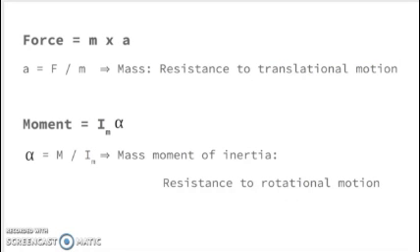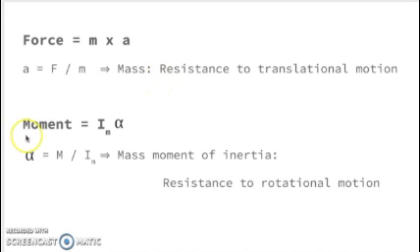So we define force to be mass times acceleration, and when we solve for the acceleration, we get force over m. And we see that mass is inversely proportional to the acceleration, so we can say that mass causes resistance to translational motion.